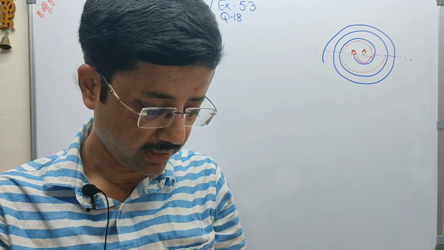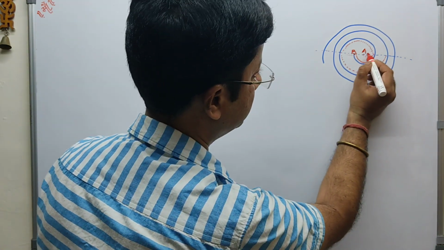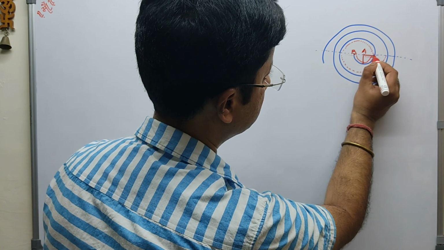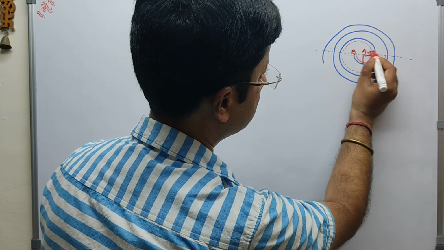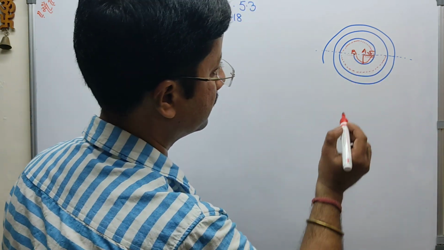So starting with center A of radii 0.5 centimeter, it is given here that this has a radius of 0.5 centimeter.